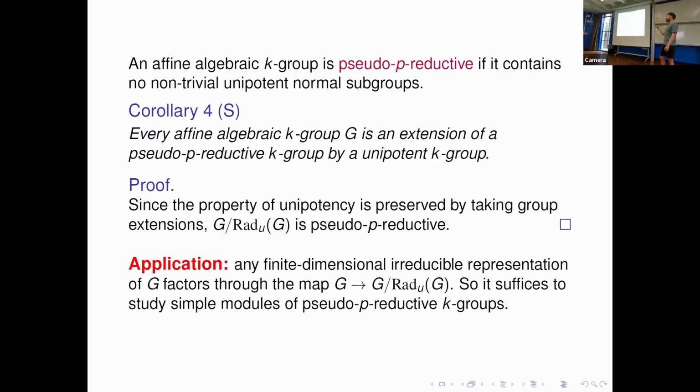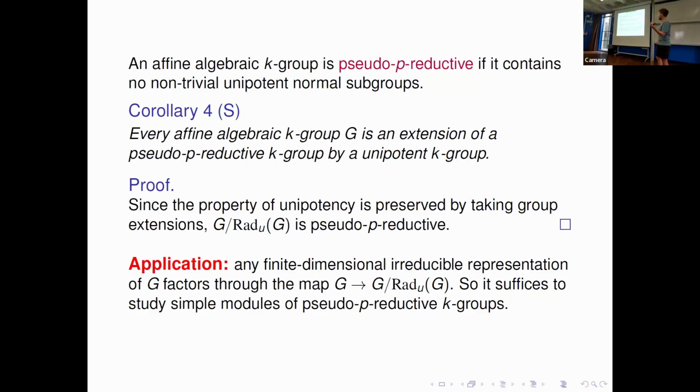So, yeah, I thought I'd give what I think is an application, maybe one day. If you mod out a G by this restricted unipotent radical, it's going to have no non-trivial unipotent normal subgroups itself. Firstly, that means you can write every group as an extension of one of these, which I just call pseudo-P-reductive, by a unipotent bit.